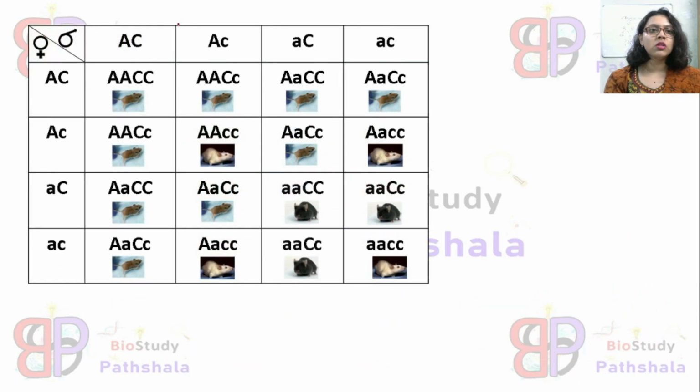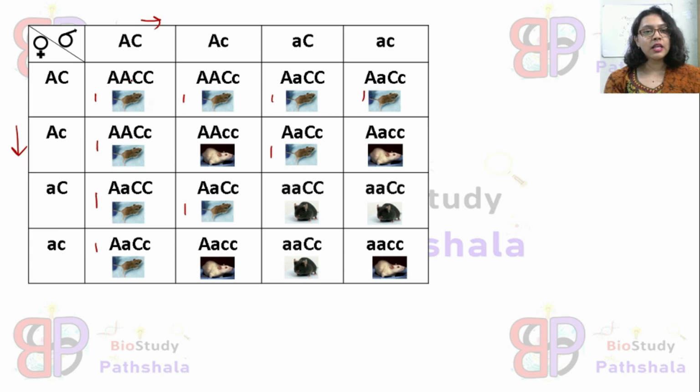So this cross is represented through a checkerboard. In this checkerboard, these are male gametes and these are female gametes, and you can see a total of 16 individuals are obtained. Within these 16 individuals, these show the grayish pattern, that is the agouti pattern.